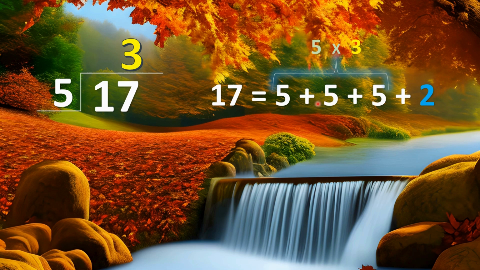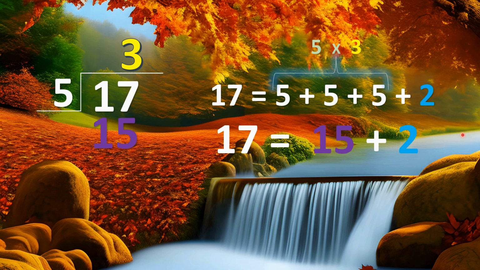So now we can write this expression as 17 is equal to 15 plus 2. Do you see the reason? Because we have to take this 15 and write it under 17. But if you leave it as 5 plus 5 plus 5, it's difficult to see 15 there.